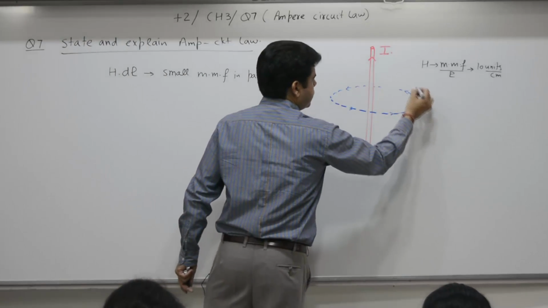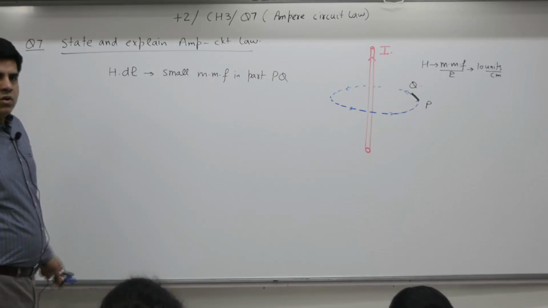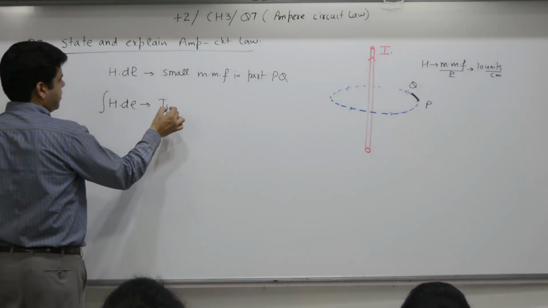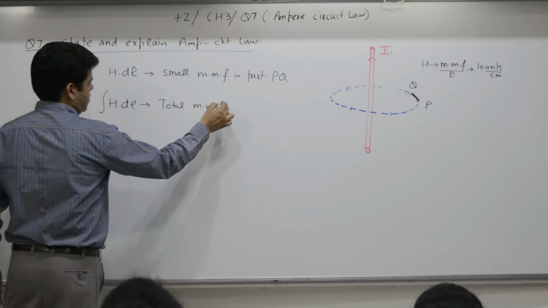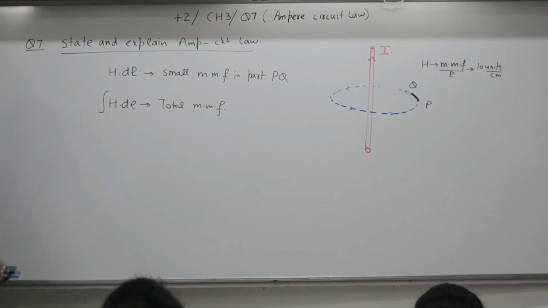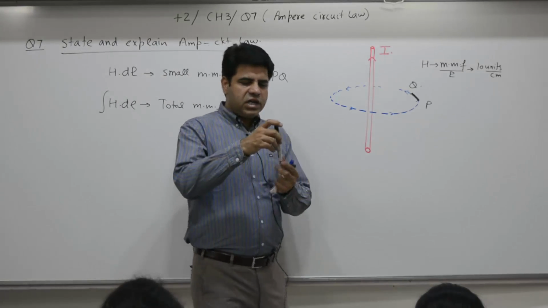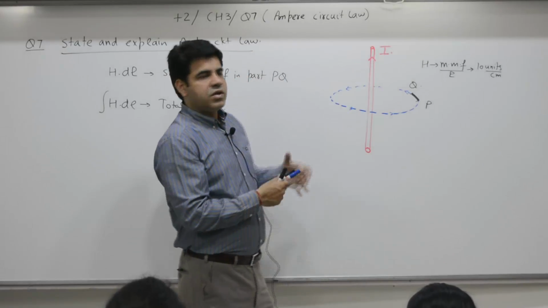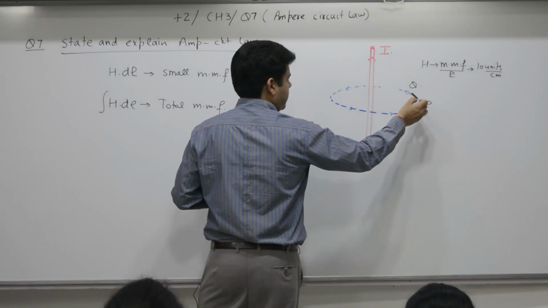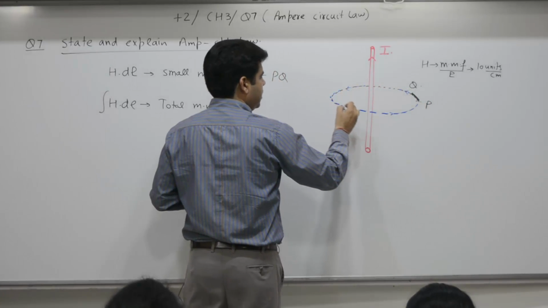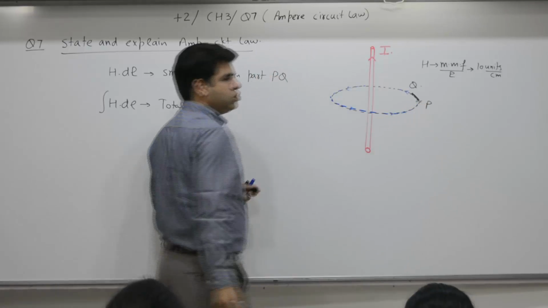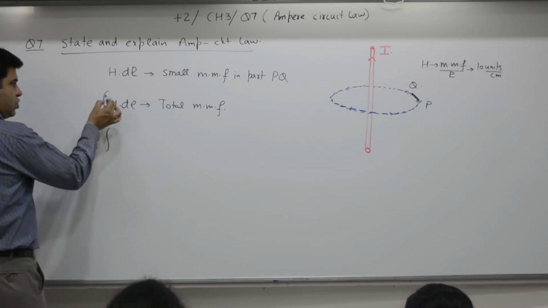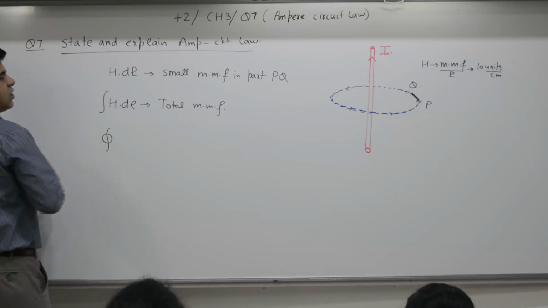Say this part is PQ. Total, this represents total MMF. But if you start from a point, end up at the same, you complete a loop. If you start from here, complete the loop, reach back to the same position P, then we write this total MMF in a closed loop.